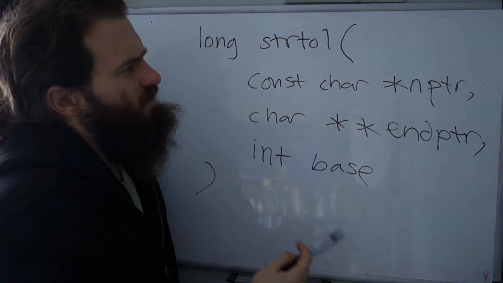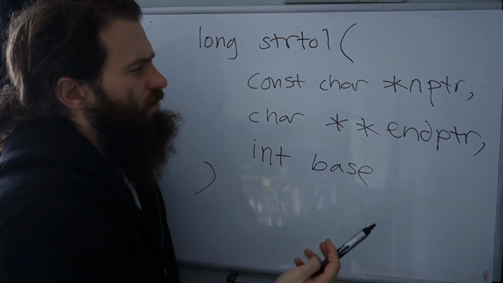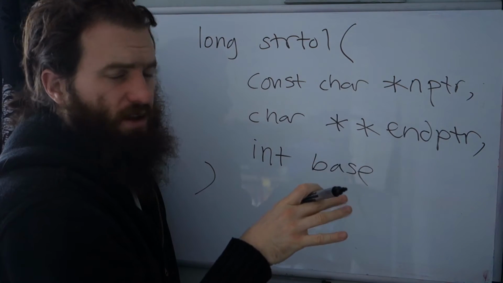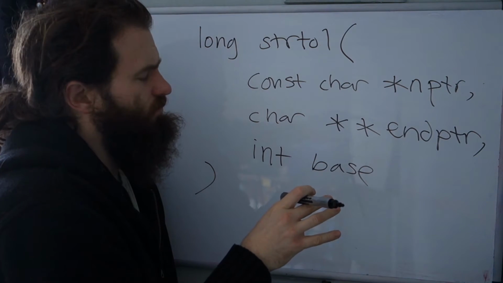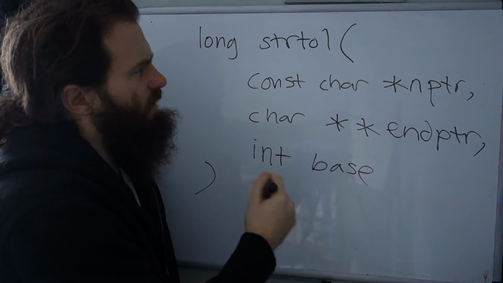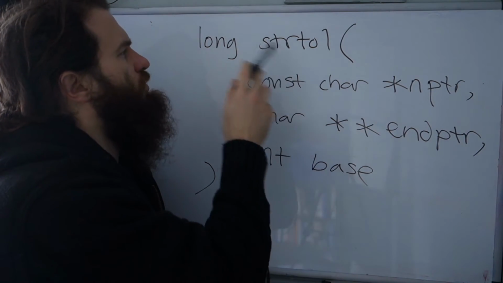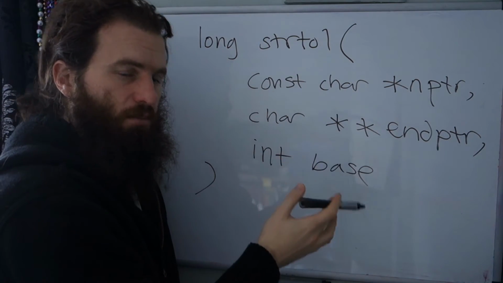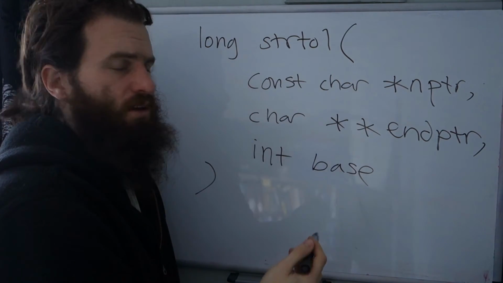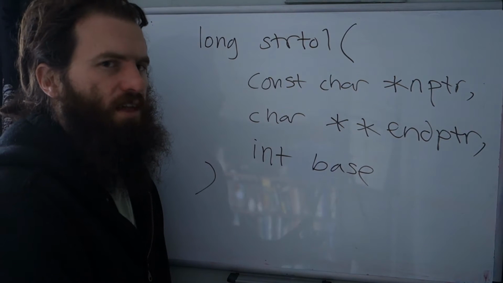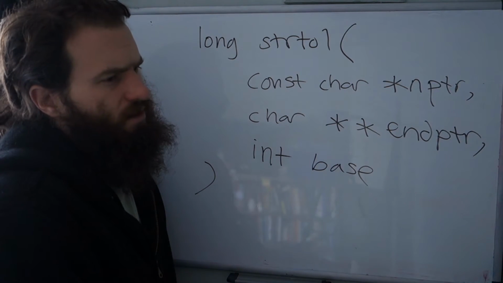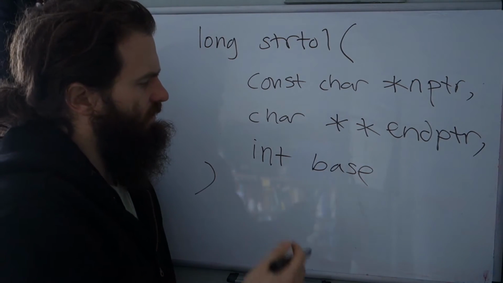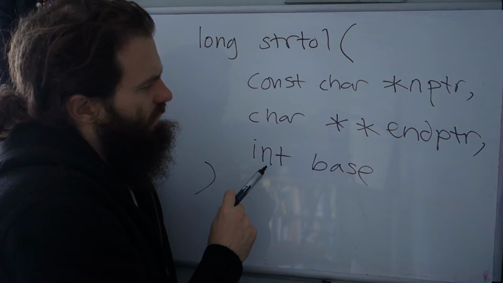And so we pass in the string we're trying to convert, we pass in a pointer to some character pointer that we've got, so we can check the result, and the base that we're trying to do the conversion in. String to long will return the conversion, so if we pass in the string 3, it will return the number 3 as a long. So if we want that as an int, we have to check that that's not bigger than an int, but we'll leave that to later.